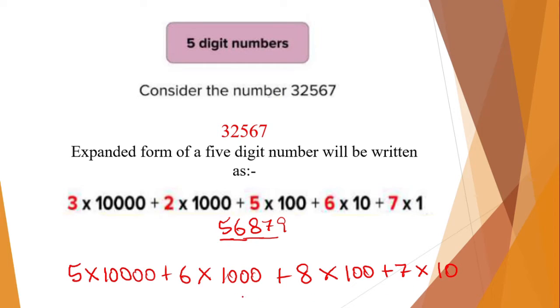And after 7, we have 9, plus 9 into its place value, which is 1. So this will be the expanded form of 56,879. Like this, we expand the numbers.